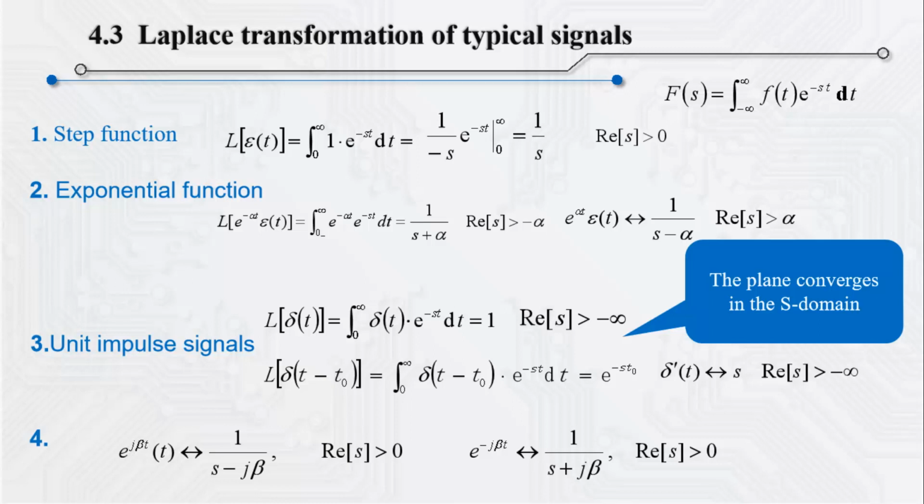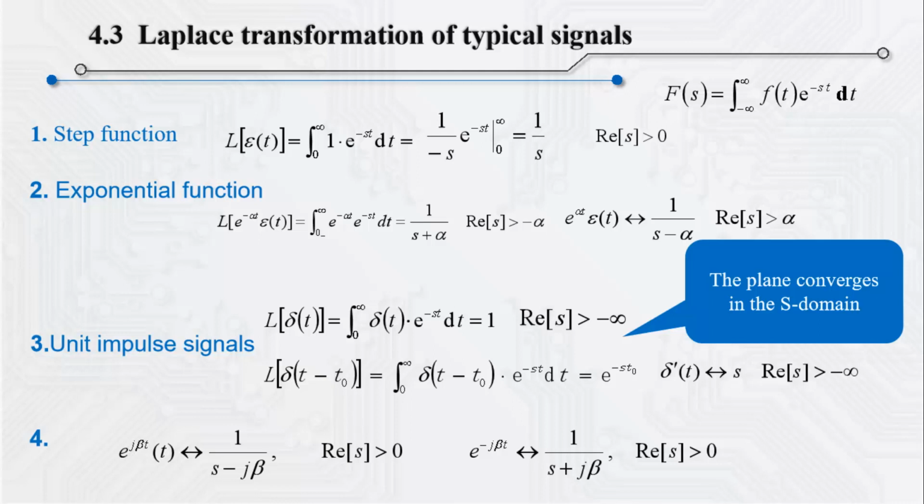Let's solve the Laplace transformation of e to the power of j beta t. We solved e to the power of negative alpha t before; its Laplace transformation is 1 over s plus alpha. Here, we can take j beta as negative alpha.